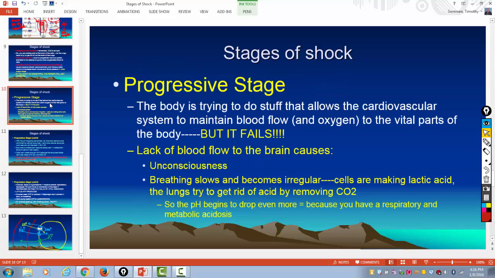So this person is lacking blood flow. The compensatory mechanisms are beginning to fail. That lack of blood flow to the brain is going to cause them to become unconscious. The breathing begins to slow and become irregular. And the reason for that is that as that acidosis worsens, the nervous system cannot perform as well.